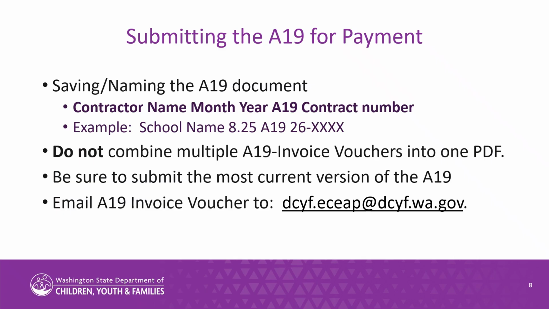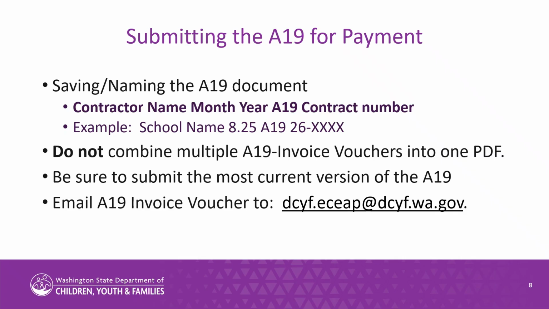The A-19 will need to be completed and submitted to ECAP by the 15th of the month following the month of services completed, with the exception of the final invoice, which is due by July 10th.